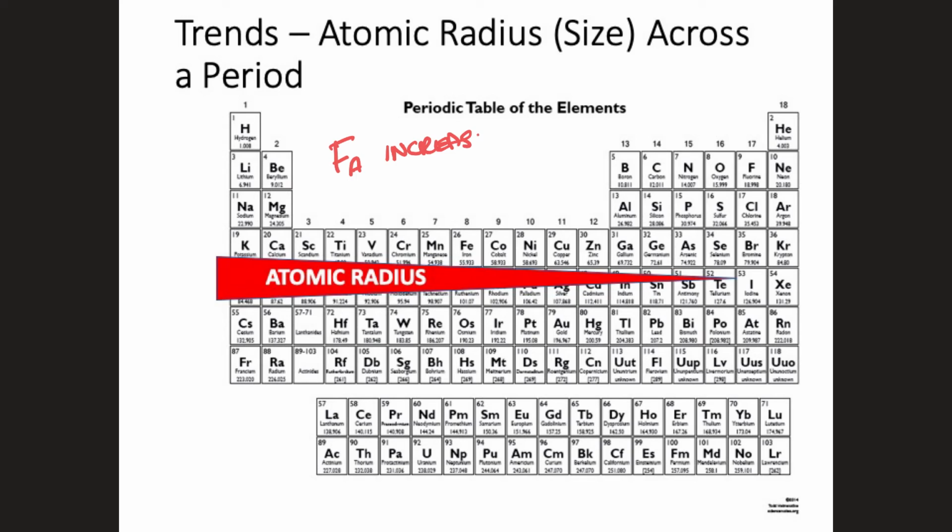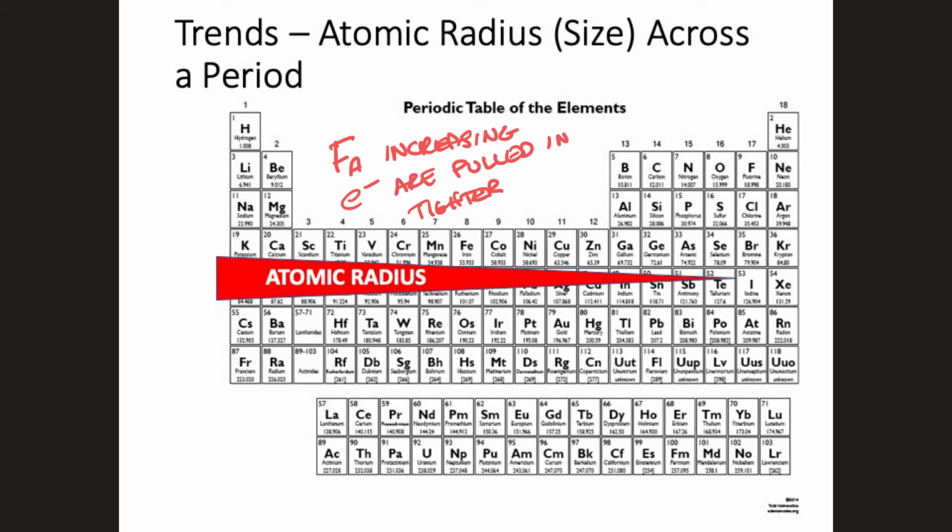So the force of attraction increasing means that the electrons in the valence shell are pulled in tighter. If they're pulled in tighter, they are closer to the nucleus, and therefore the size of the atom is shrinking.